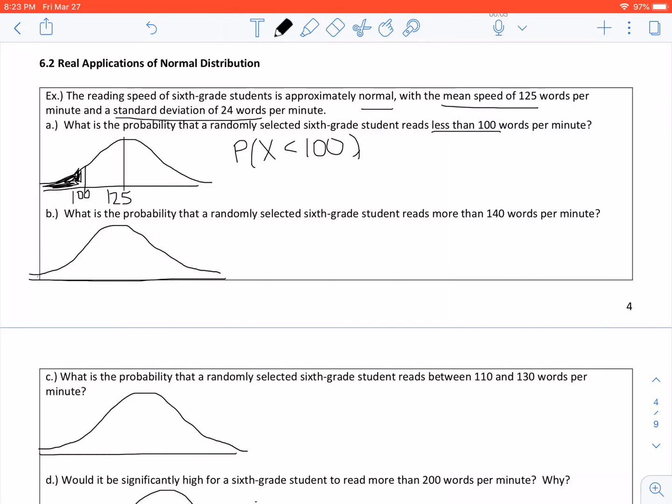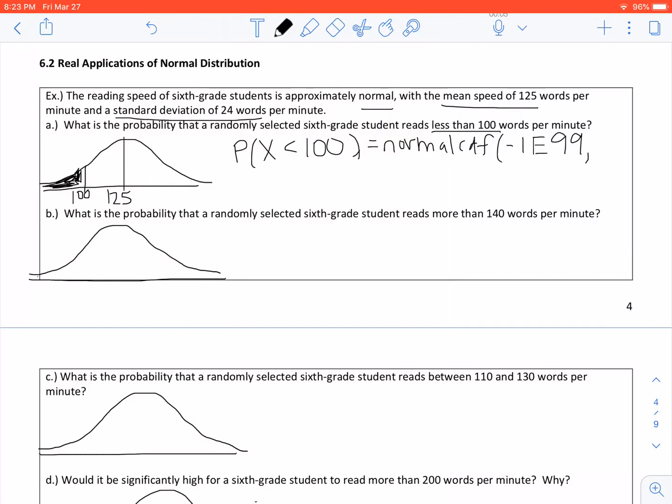So in order to do this, we need to use normal CDF. And normal CDF starts off with your lower bound and from 6.1, since this graph goes on forever to the left, and you read a graph just like how you read a book from left to right, we're going to type in -1E99. And remember that E was right above the comma.